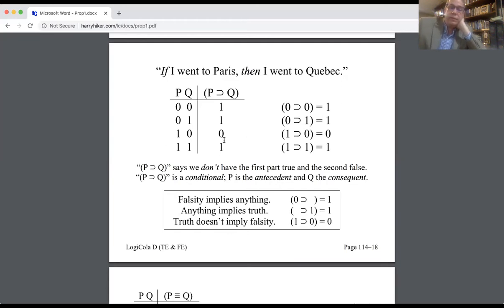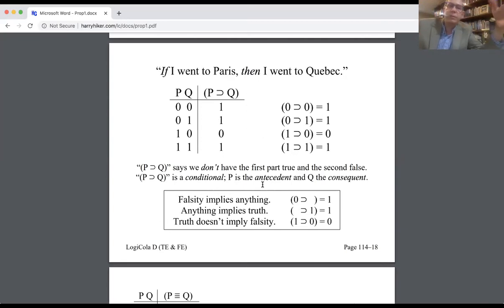Okay, so what the horseshoe means is if then. So if I went to Paris, then I went to Quebec, we can symbolize with if P, then Q. Okay, if P, then Q. I'm going to go over these rules at the bottom and explain just a little bit about the workings of this particular truth table.